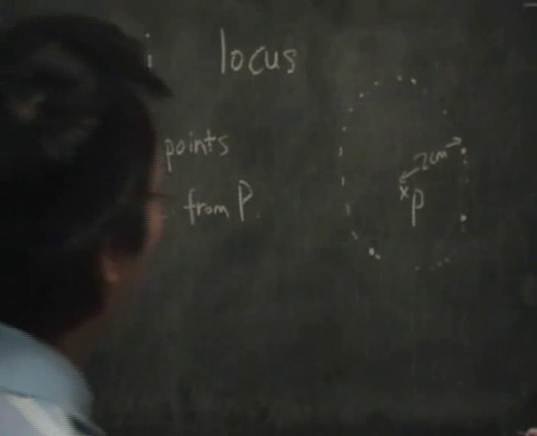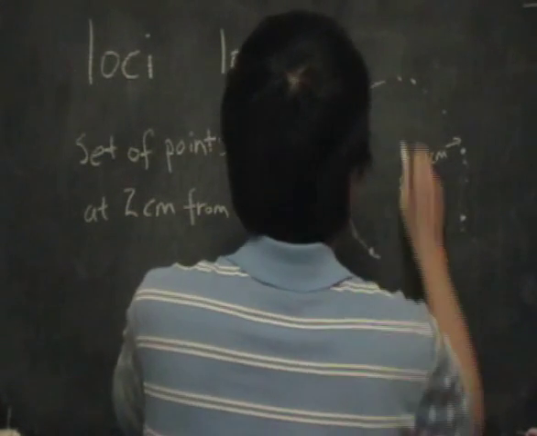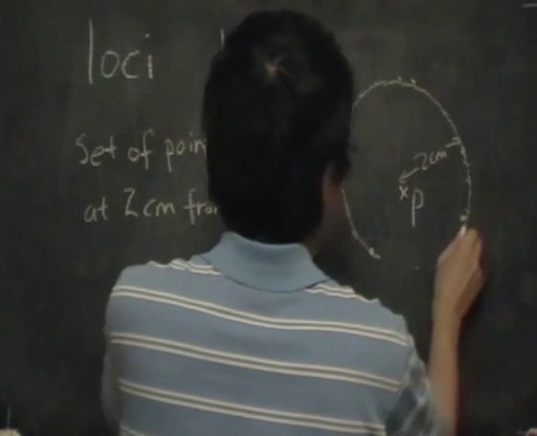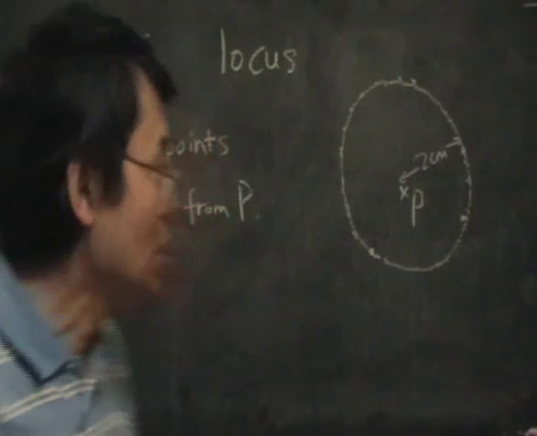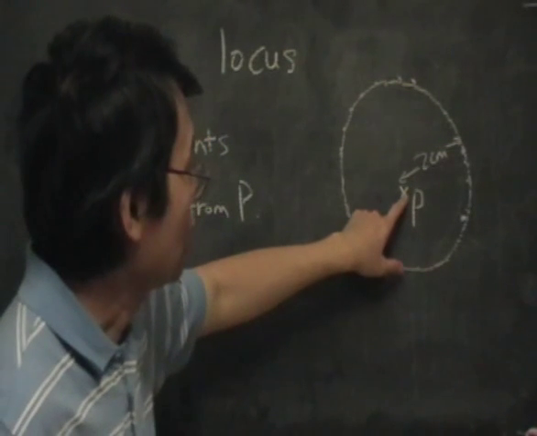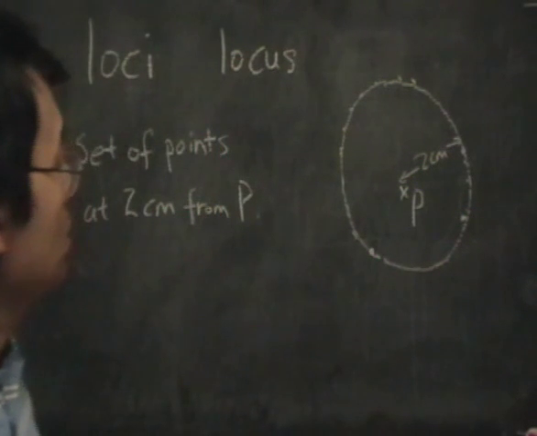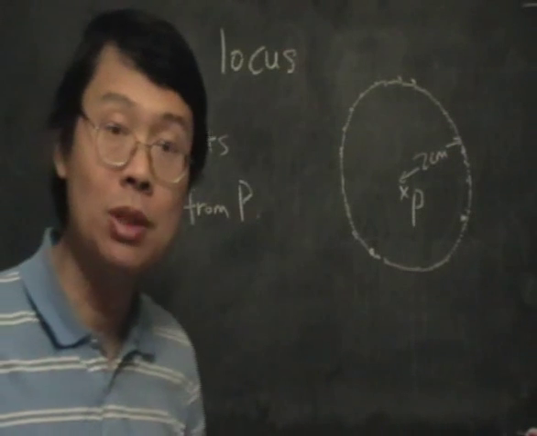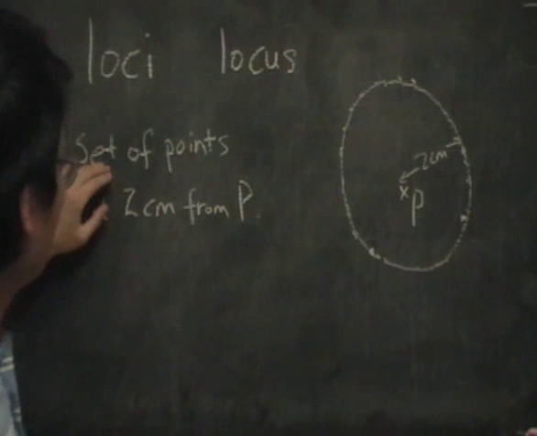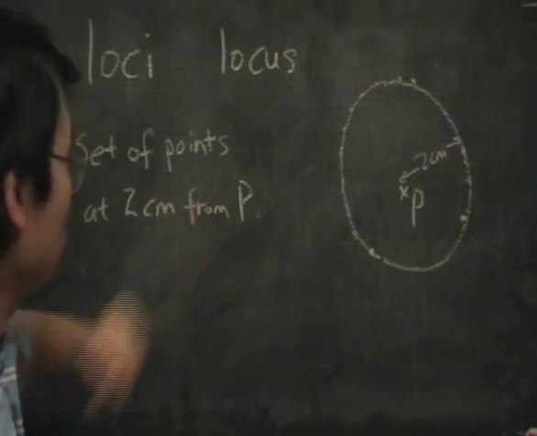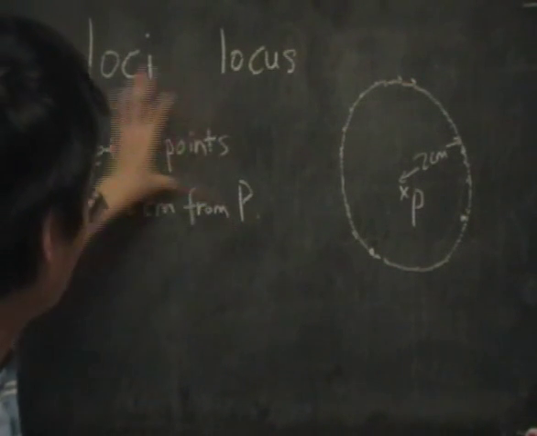So we have just found that if I have a set of points that makes up a circle, and if the center of the circle is P and the radius is 2 centimeters, then this circle is actually a set of points at 2 centimeters from P. So in that sense, this is a rule.